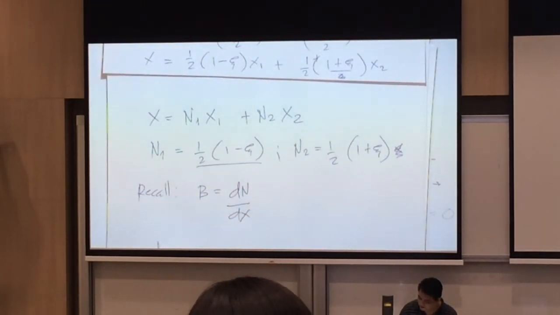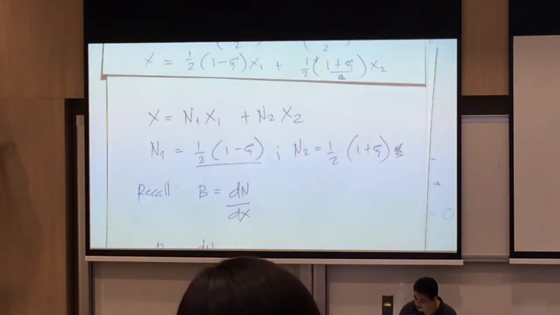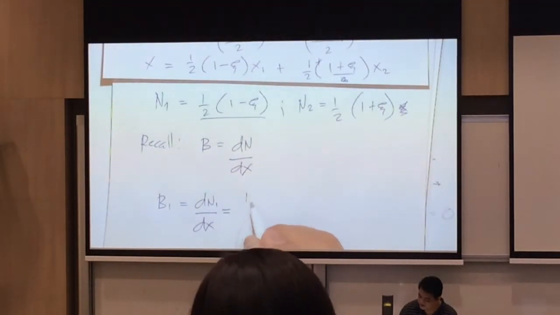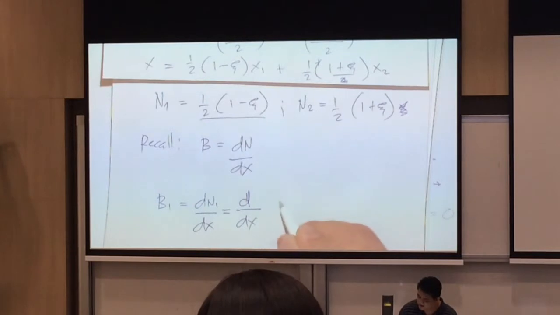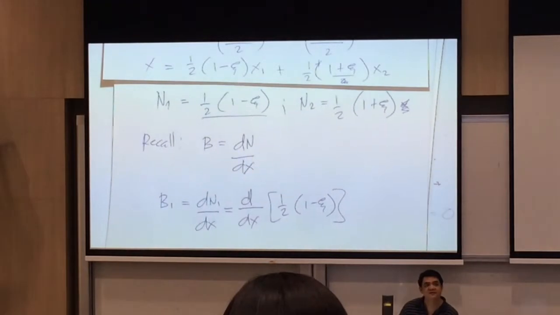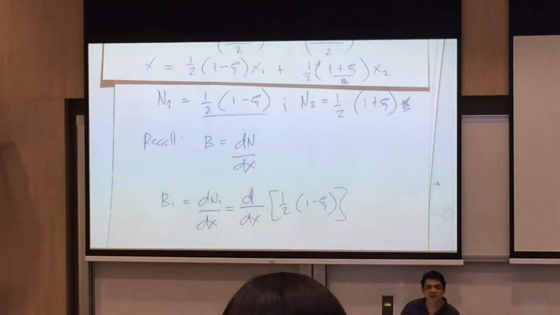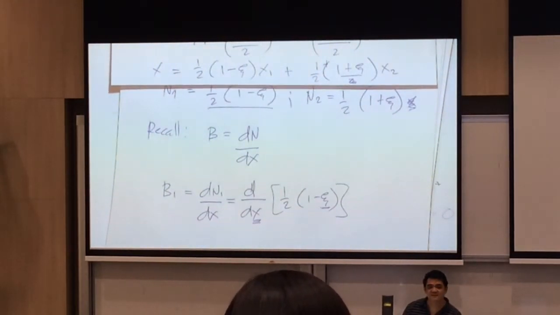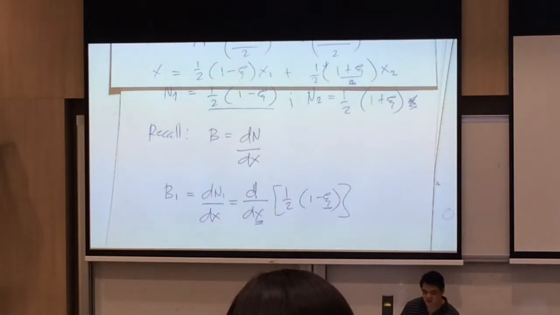Let's try N1. B1 is equal to dN1 dx. So let's try to substitute. That's d dx of 1 half of 1 minus c. So it's going to be 0, yeah? Because that is c, and that is x. So what do we do?